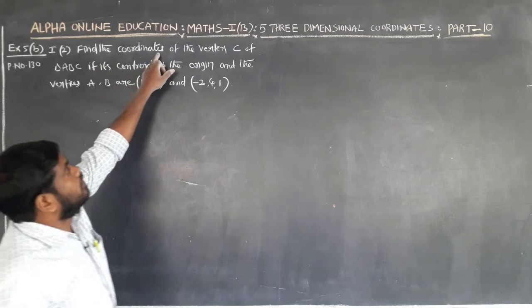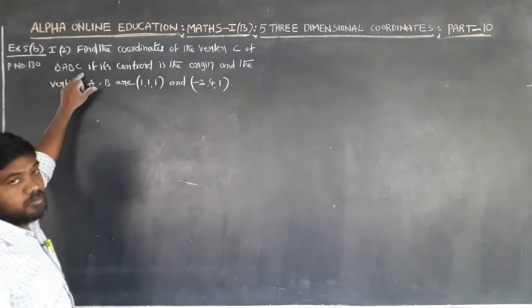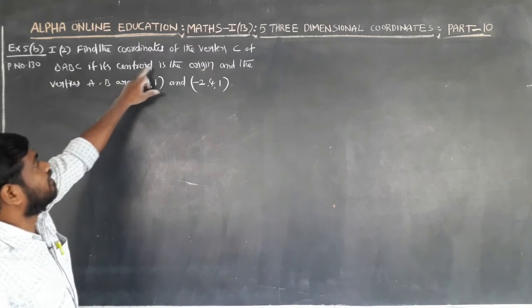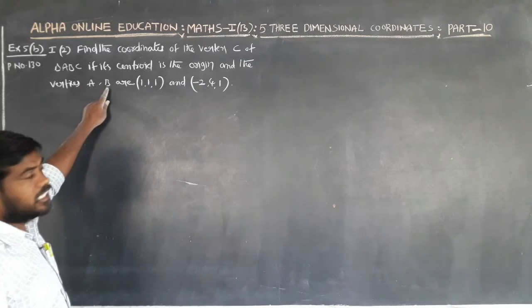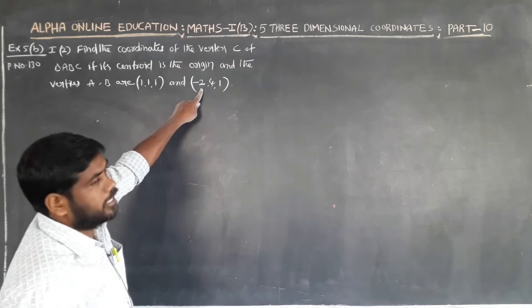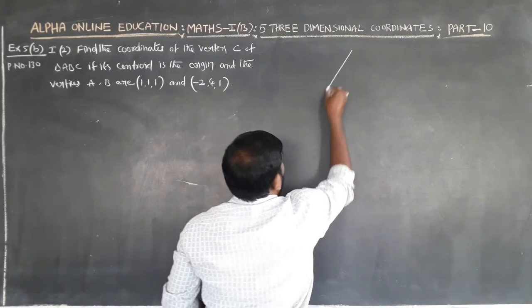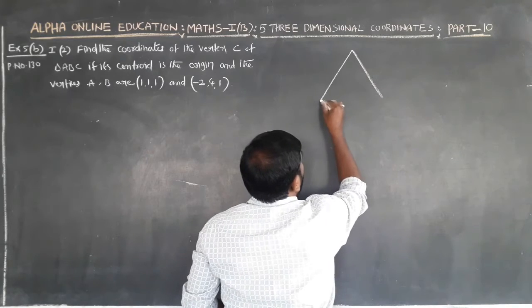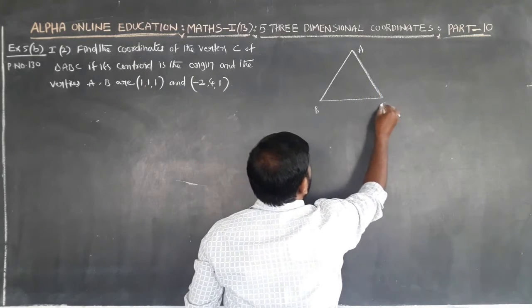Find the coordinates of the vertex C of triangle ABC if its centroid is the origin and the vertices A, B are 1 comma 1 comma 1 and minus 2 comma 4 comma 1. This is the triangle ABC.